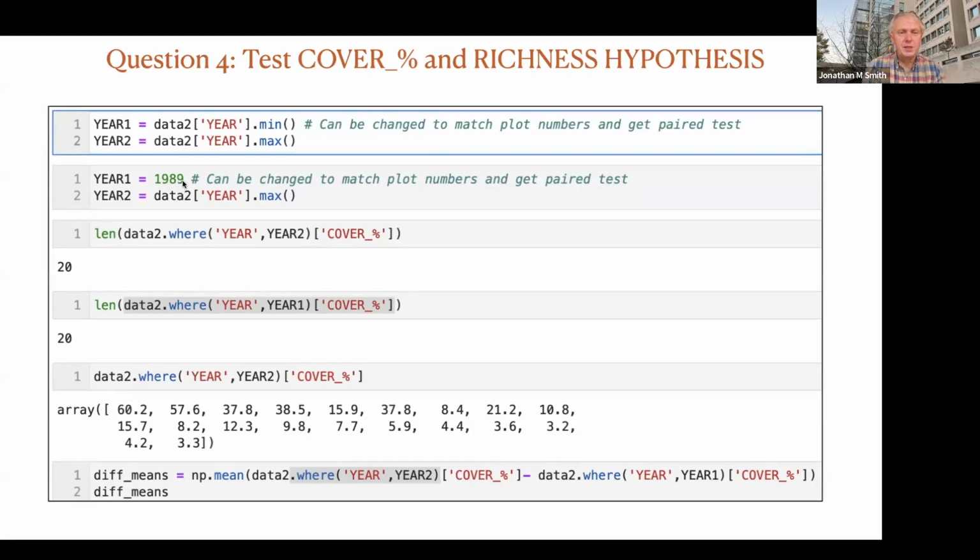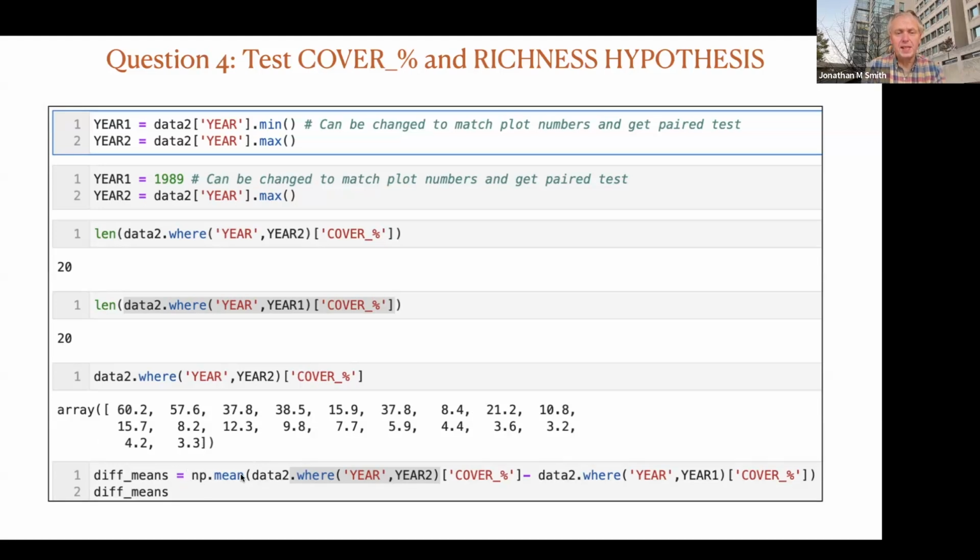Here I have adjusted the starting year to 1989, as opposed to the statement that is here, so that we will get the same number of data points on each. And then here you can see the cover percent. We get values for the second year for each of the replicate plots for that year.